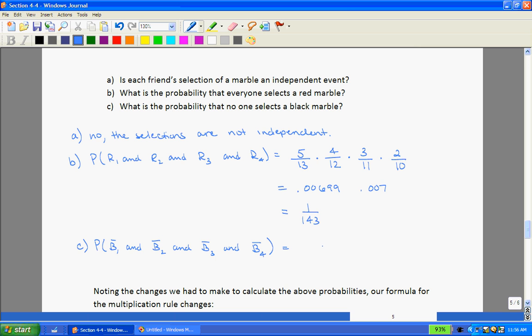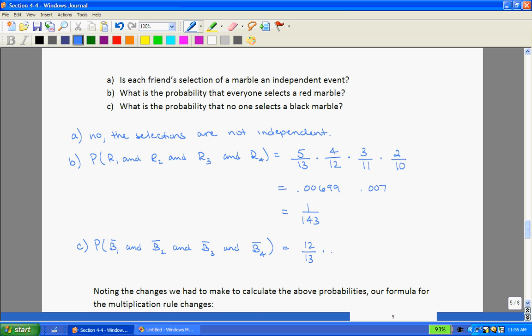So we learned from the previous example that there are 13 marbles total, and 12 of them are not black because they are green, red, or blue. Now, whatever marble that person picks, we don't care what color it is as long as it's not black.